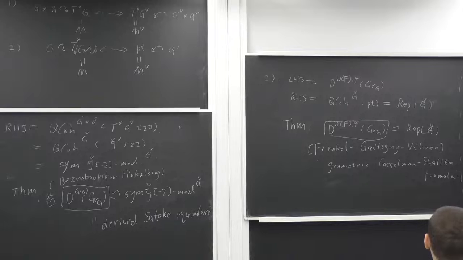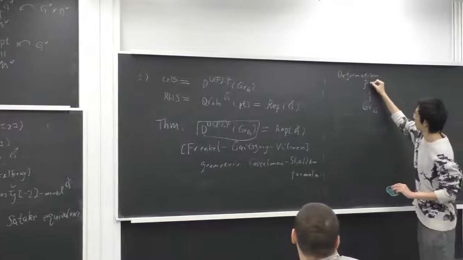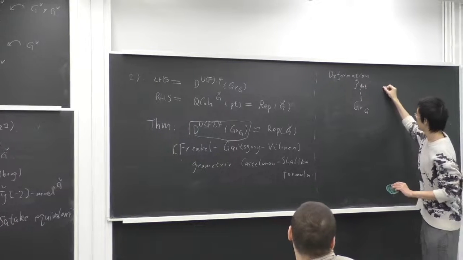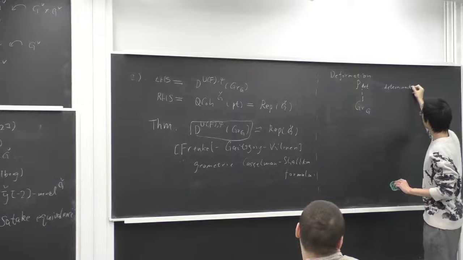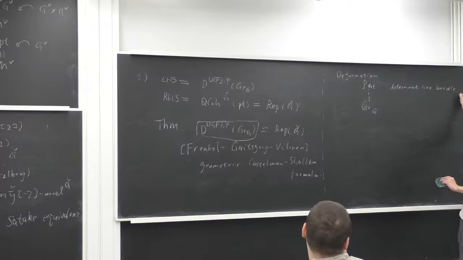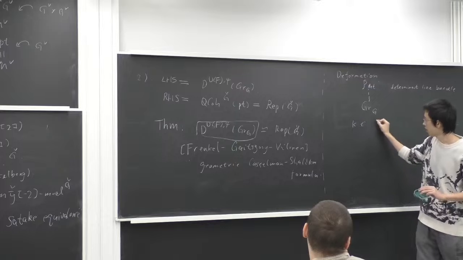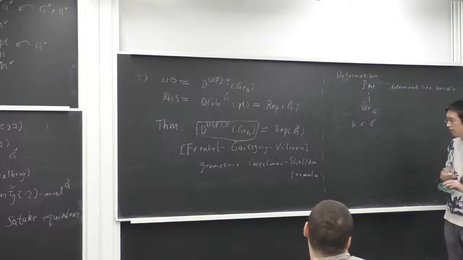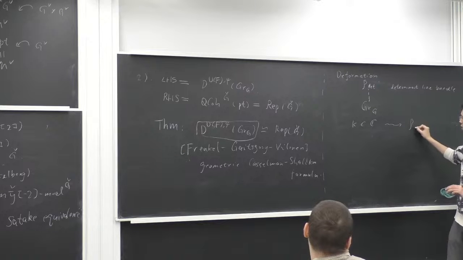First, let us consider the Grassmannian for G, and we consider the determinant line bundle on the Grassmannian for G. For any complex number denoted by kappa, we can associate it with a twisting P delta kappa.